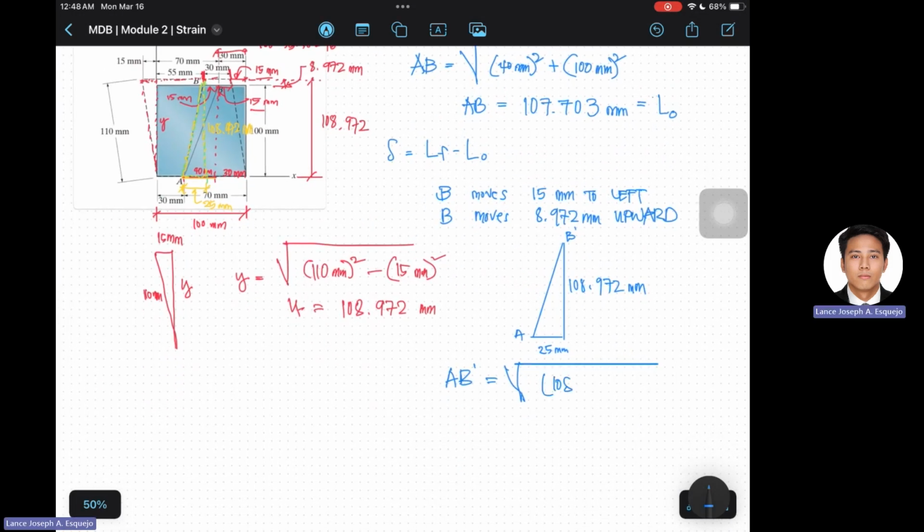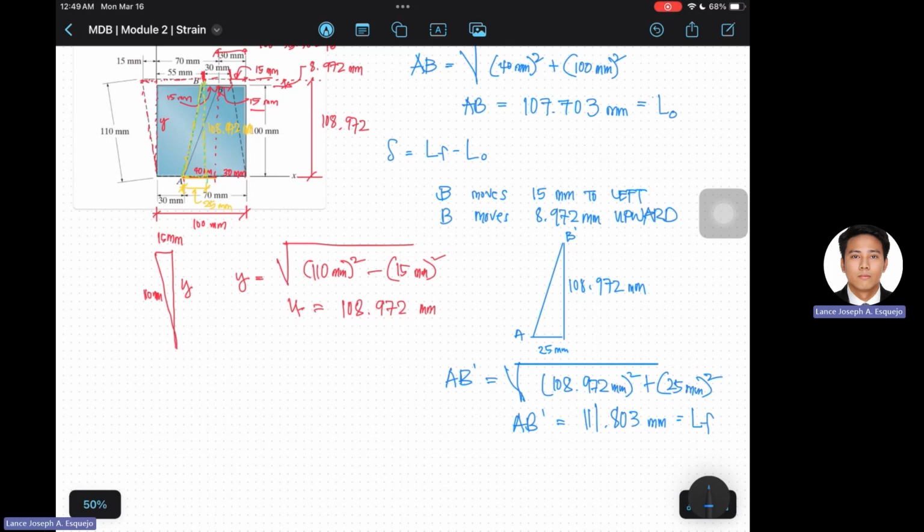That's 108.972 millimeters squared plus 25 millimeters squared. And then we'll have AB prime equal to 111.803 millimeters. And this becomes the final length of line AB.